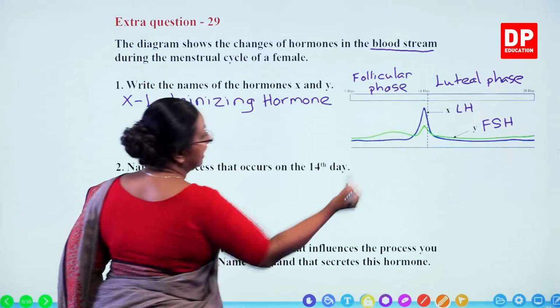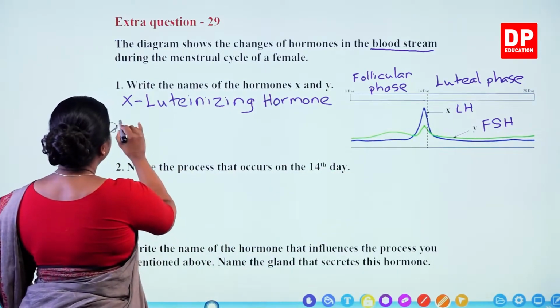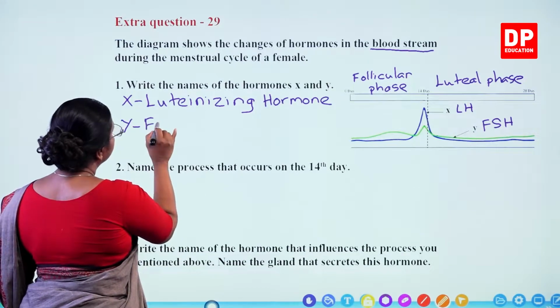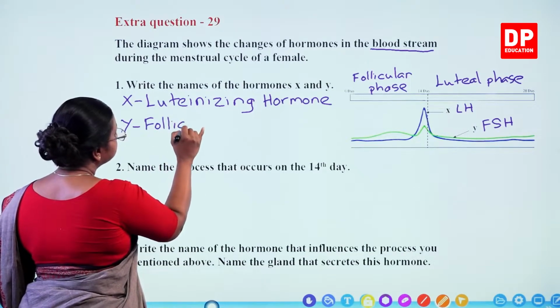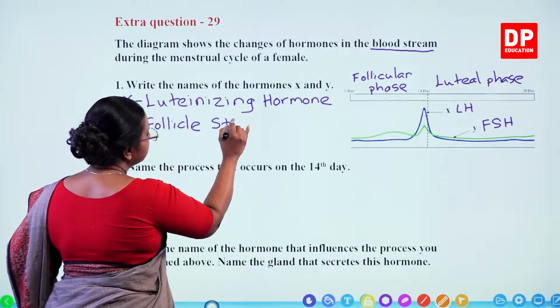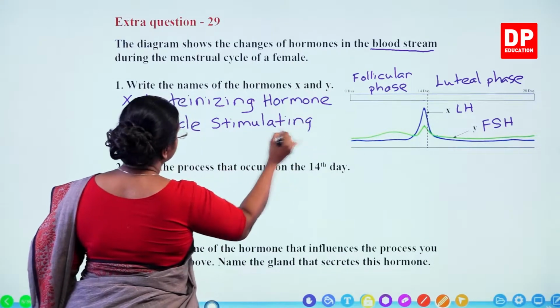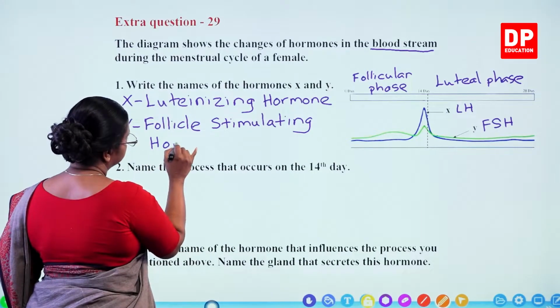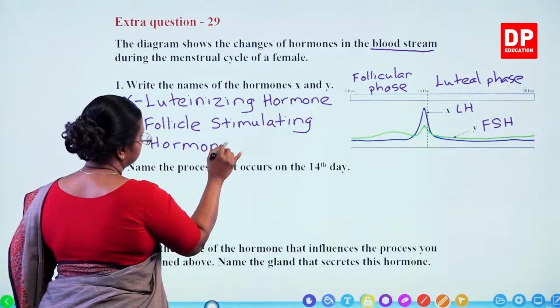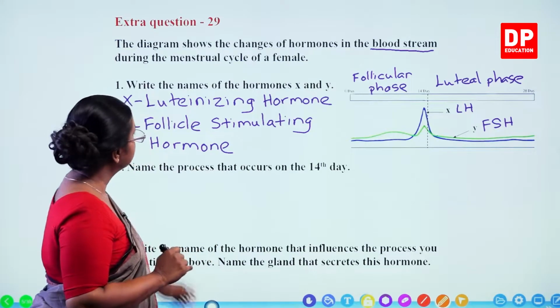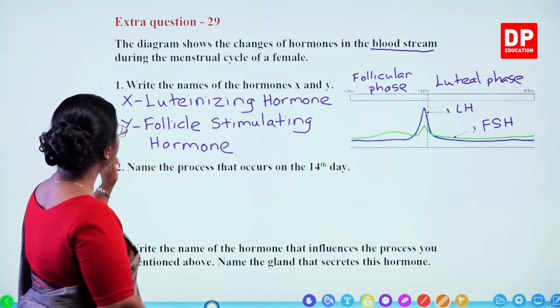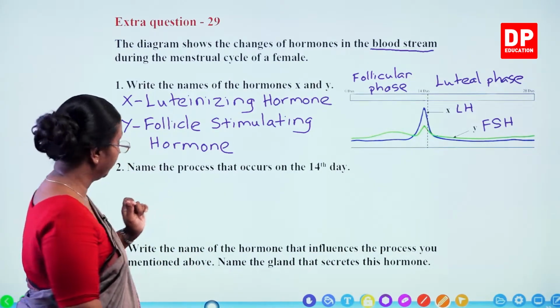That is why LH is the abbreviation. Then Y is the follicle stimulating hormone. So X is the luteinizing hormone and Y is the follicle stimulating hormone.